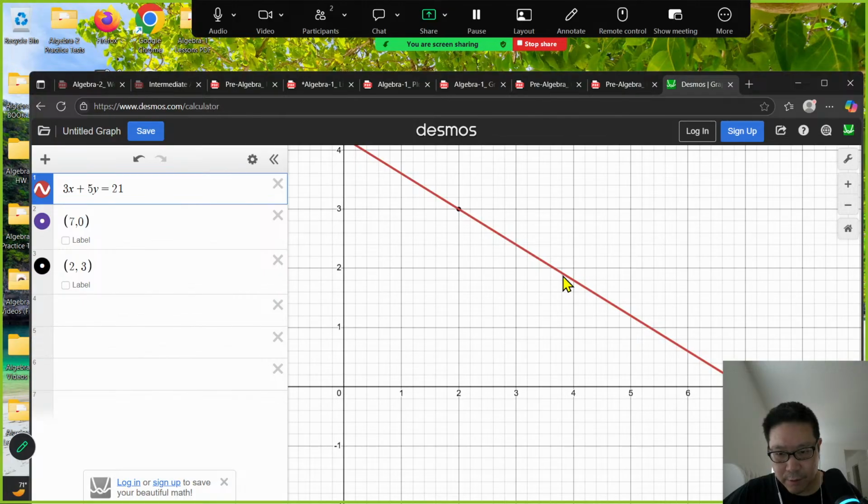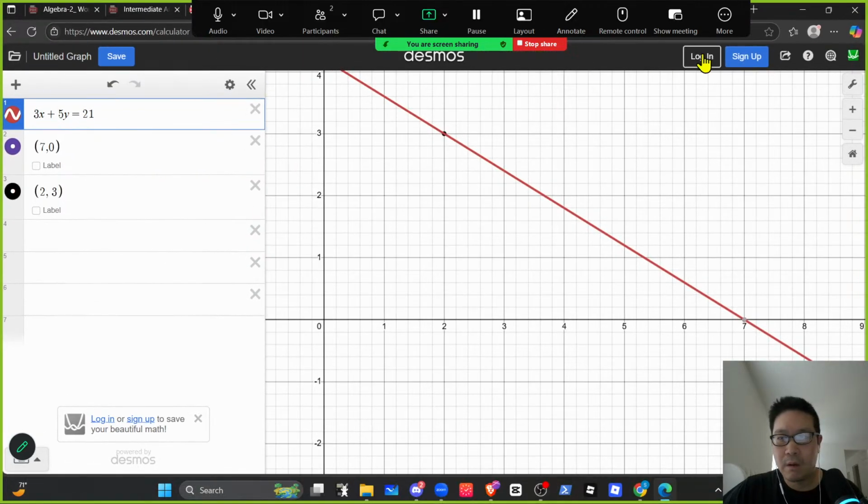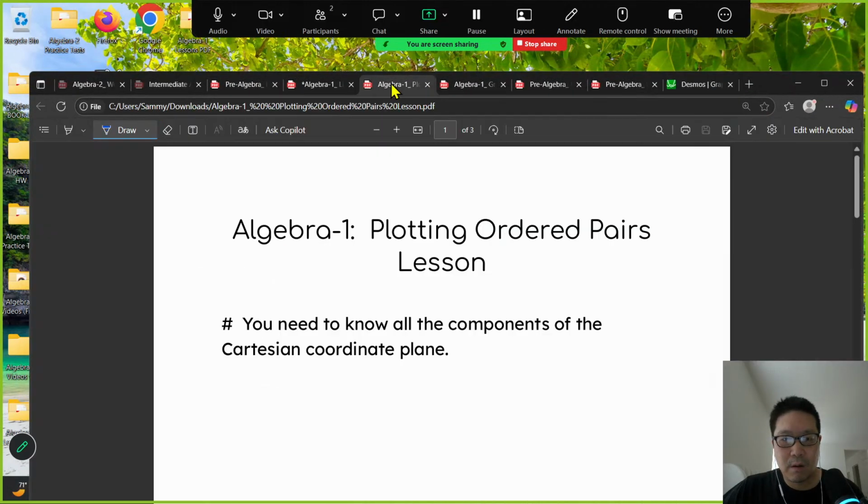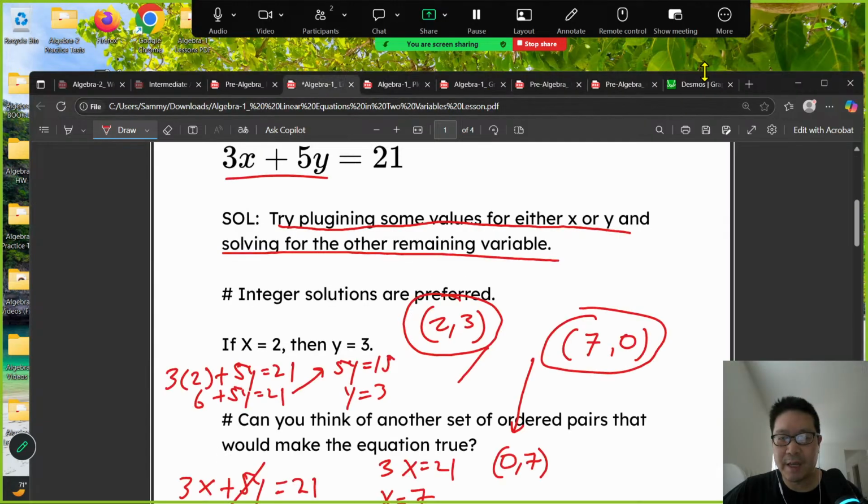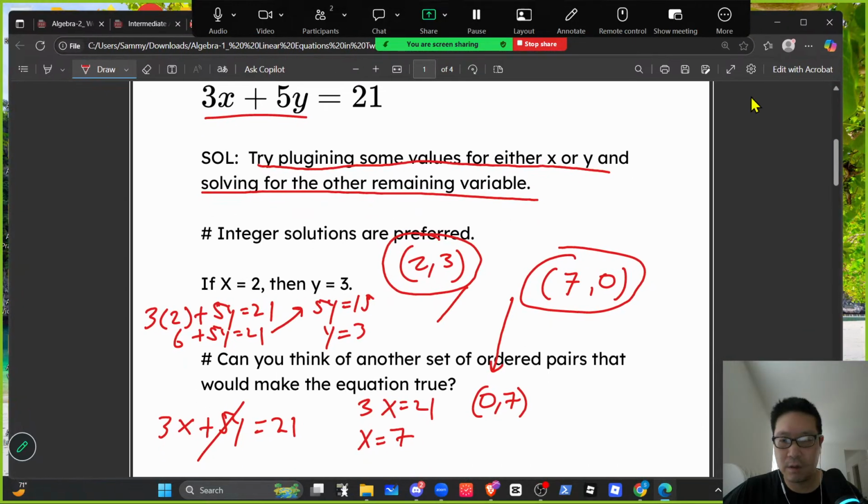So if x is 3, it would be something like 2.4. So fractions or decimals are okay. Usually we write our answers in decimals as well. But one thing you want to do is try to get integer solutions. So that's what I mean when I say there's an infinite number of solutions.